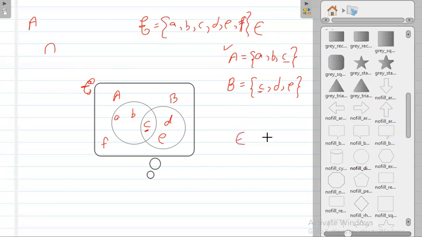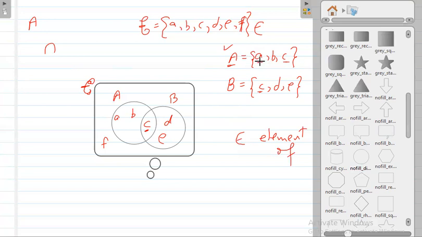Secondly, this symbol is called member of or element of. For example, the small a is in the set A, because set names we always give by capital letters, that you have to remember.